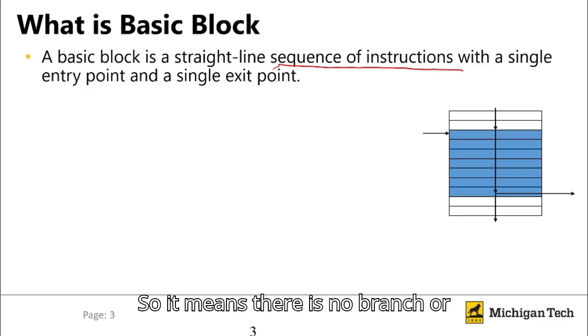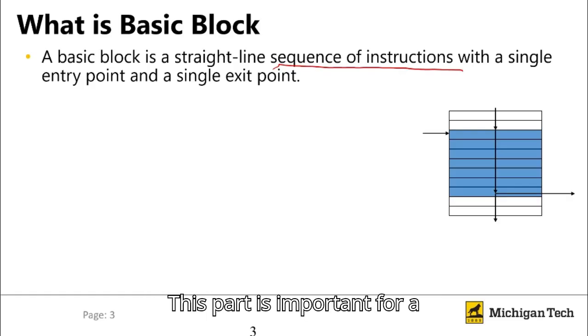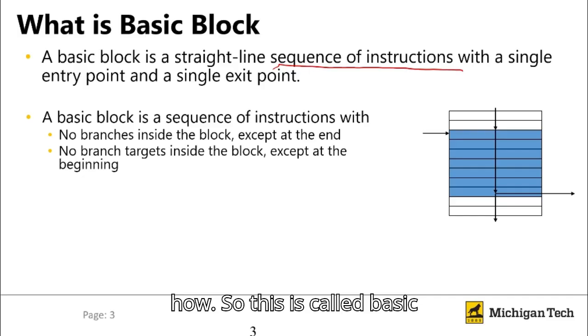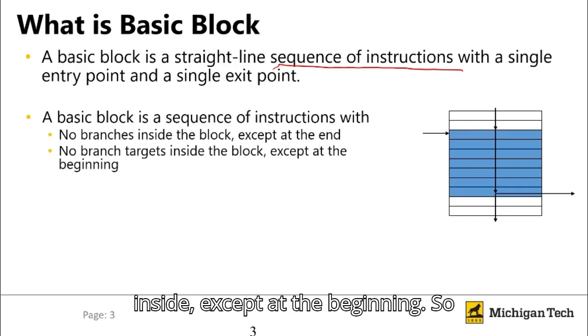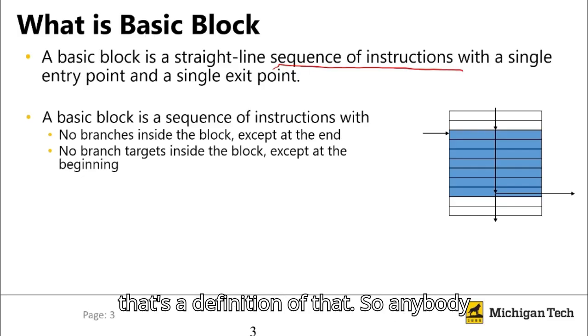So it means there is no branch or jump between. You just have one entrance and one exit. This part is important from a compiler's point of view, because it can do optimization in that part. So a basic block is a sequence of instructions, no branches inside except at the end, and no branch targets inside except at the beginning. That's the definition.